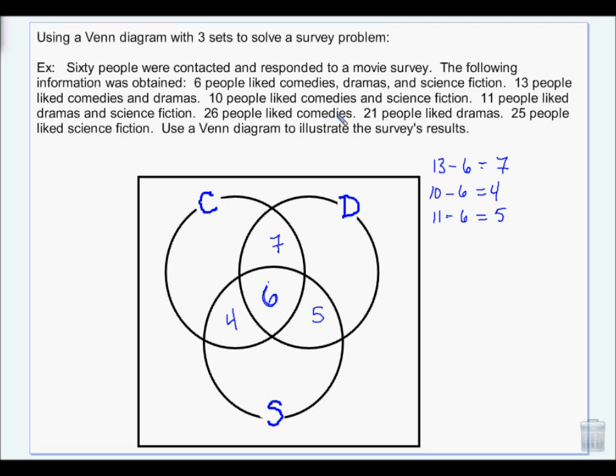26 people like comedies. So that's this whole circle, right? So I have 26 minus 17. So there's going to be 9 over here. 21 people like dramas.